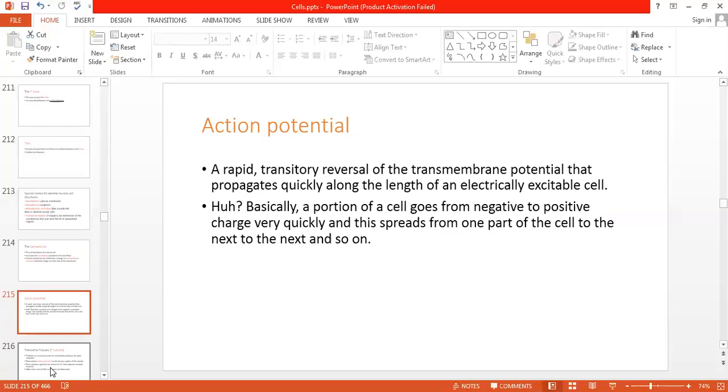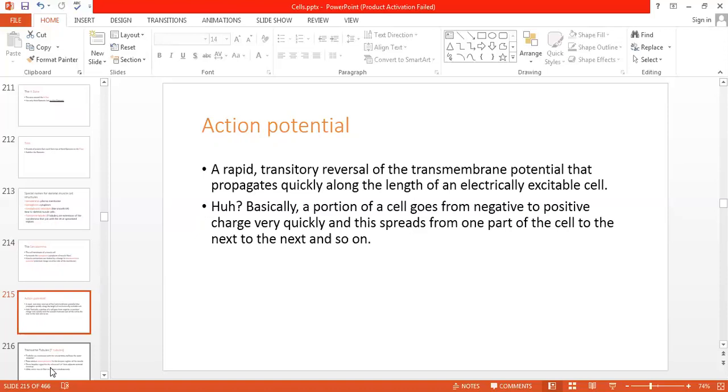Action potential: a rapid transitory reversal of the transmembrane potential that propagates quickly along the length of an electrically excitable cell. Action potential is an electrical current present along the whole length of the muscle fiber, and it electrically excites the muscle cells.